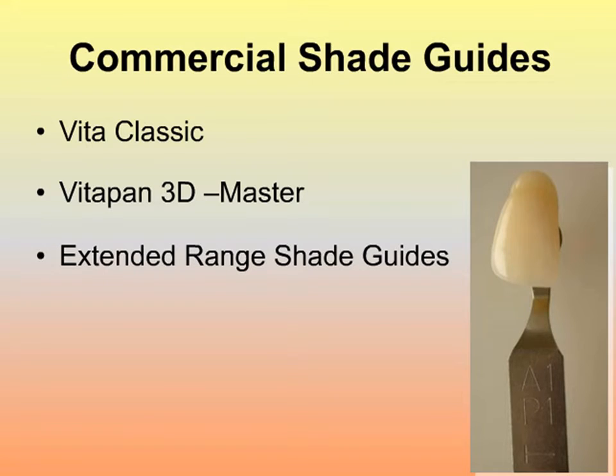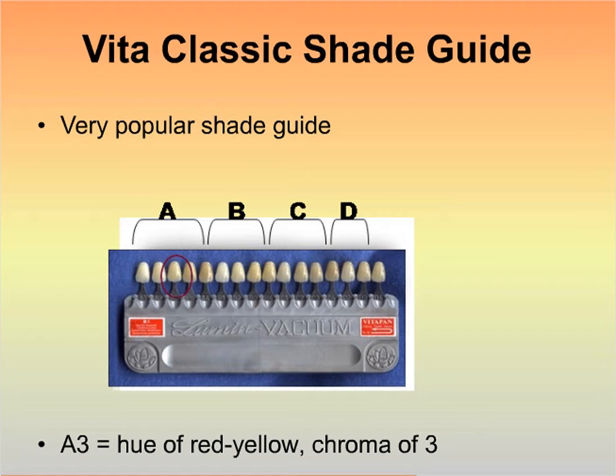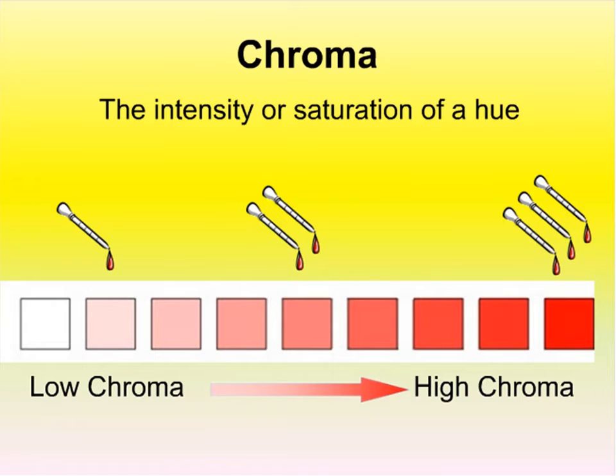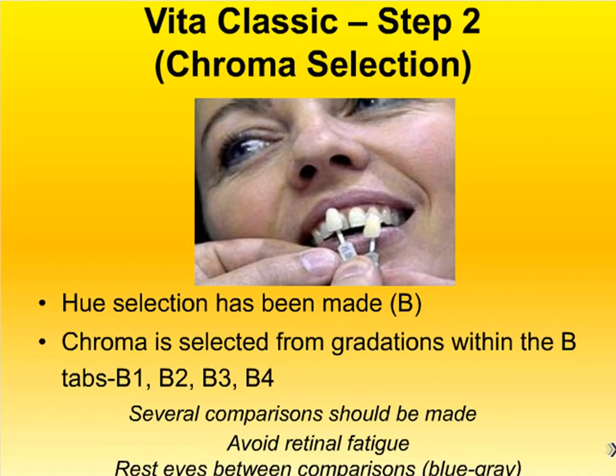Commercial shade guides are either Vita Classic, Vita Pan 3D Master, and extended range shade guides. The Vita Classic depends for its selection on the hue. So you firstly choose the hue, then you choose the chroma, or the amount of saturation, and at the end you choose the value of the tooth to be mimicked.